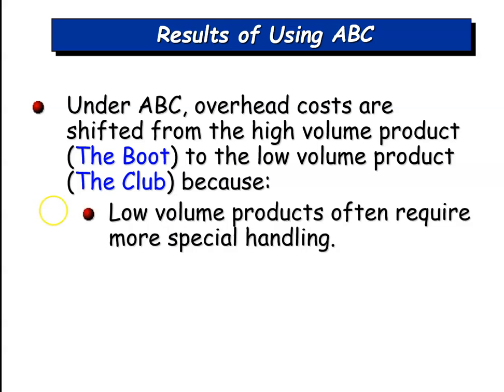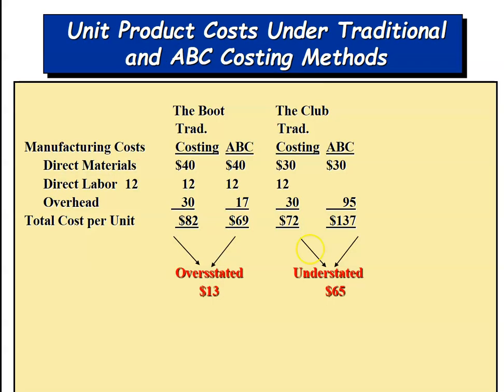So I just kind of want to tell you why this happens when we use activity-based costing. Low volume products often require more special handling. And this is true because we're not used to handling them. So we should expect to see exactly what we saw on the previous slide, that the overhead application is higher to low volume products.